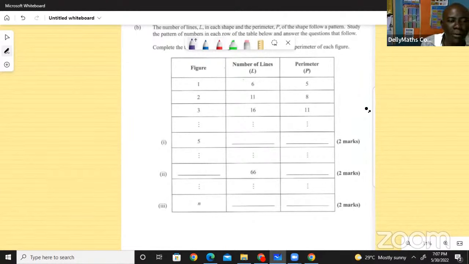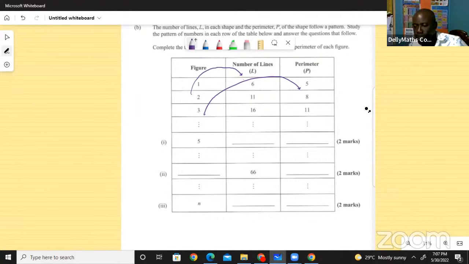There is a direct relationship between column 1 and column 2. There is also a direct relationship between column 1 and column 3. So basically, when you see any questions like these, you definitely want to look at how the things in column 1 in the same row became the things in column 2 in the same row.